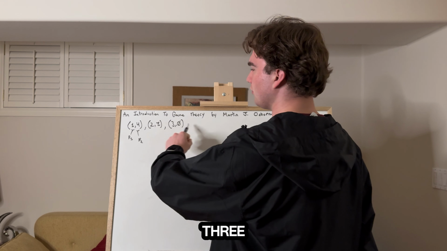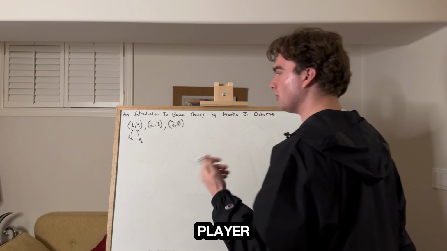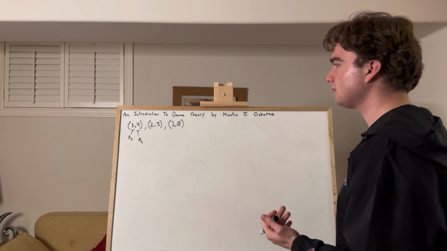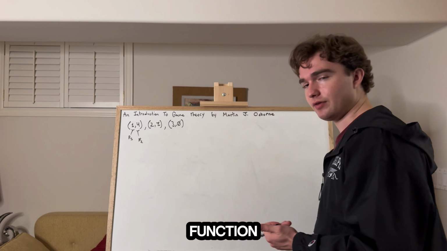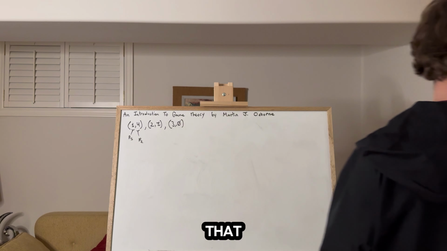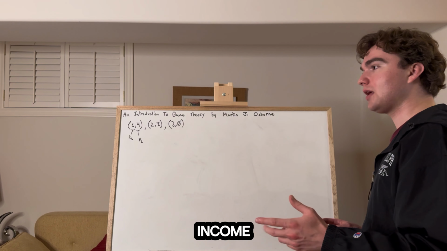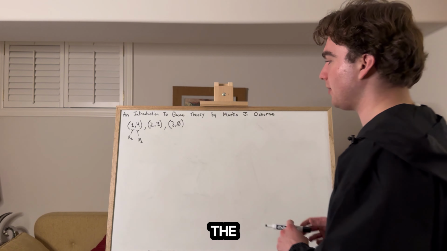So these are our 3 payoffs right here, where the first number is player 1's payoff and the second number is player 2's payoff, okay? So in this case, we want to develop a utility function that accounts for player 2's income at about half the weight, right? Half the payoff.